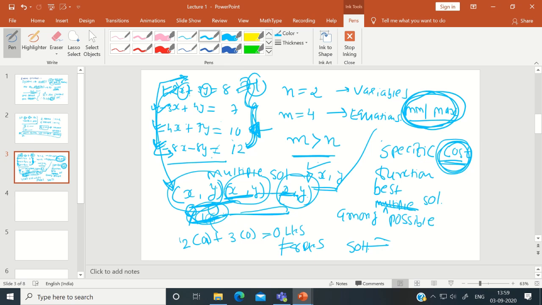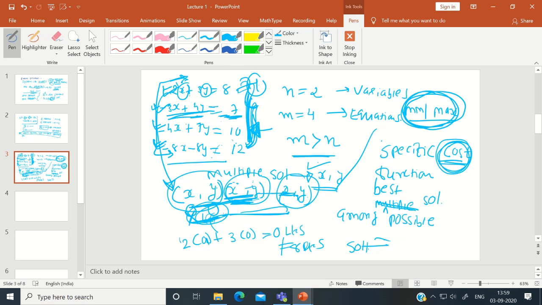So your optimized answer should simultaneously satisfy all the constraint equations. It means if you replace x and y by the obtained values, then you should get LHS exactly equal to RHS.